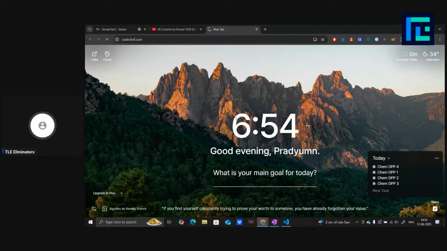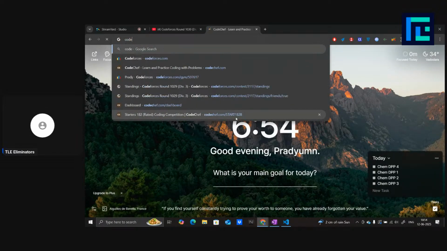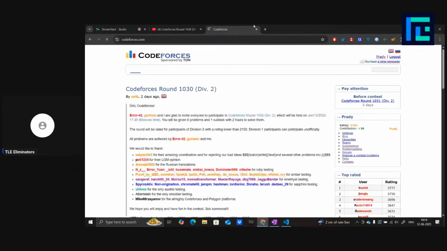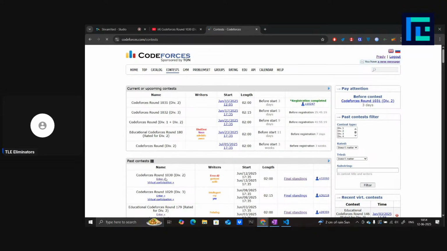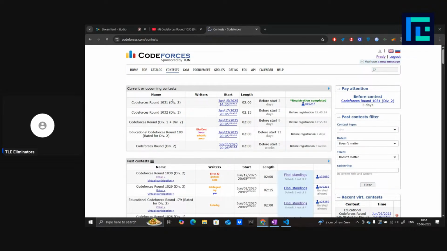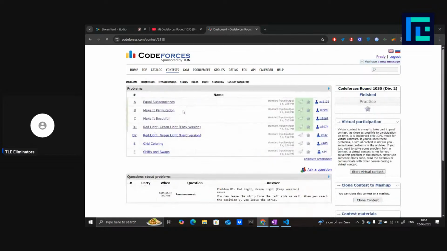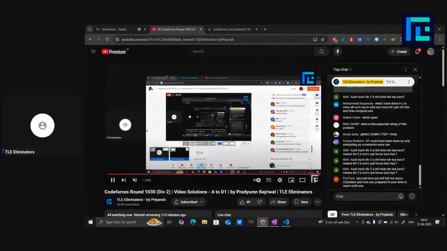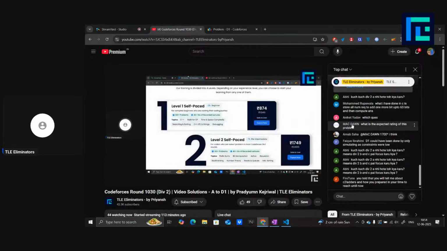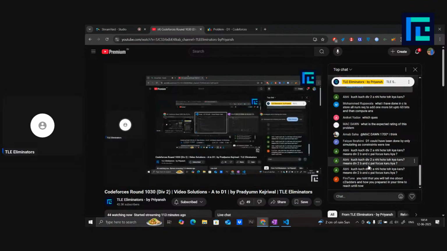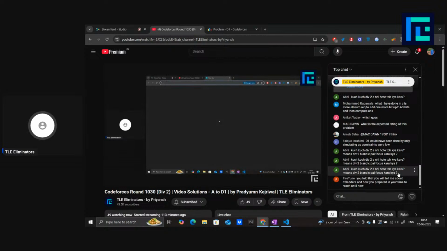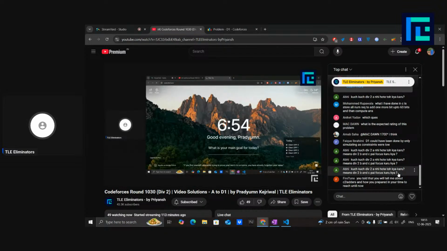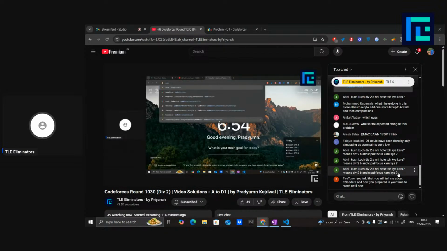Do you have any doubt about this D problem? Okay, so I think there is no doubt regarding the D problem.